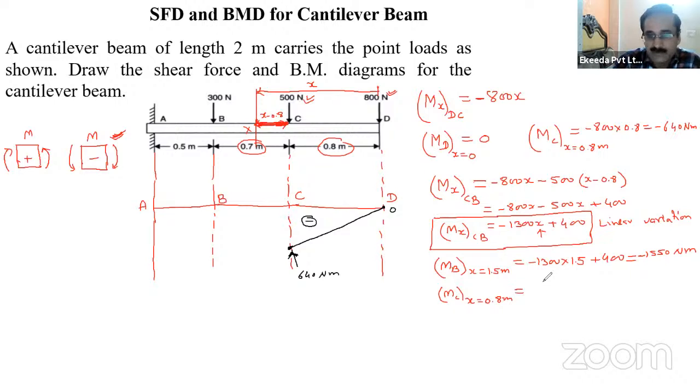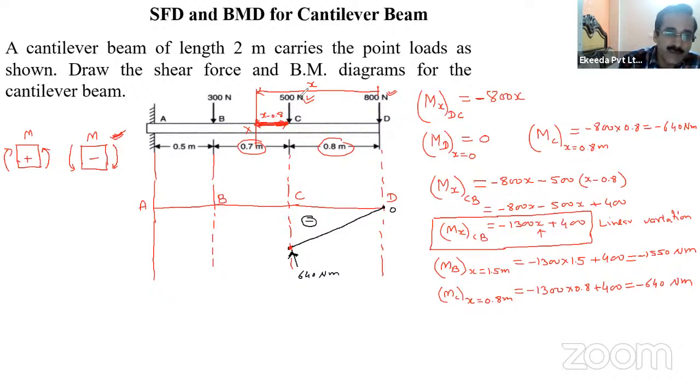So at C point, what is the value of bending moment? That is minus 1300 multiplied by 0.8 plus 400. So this will come out to be again minus 640, which came earlier, minus 640 Newton meter. So there is no abrupt change in bending moment at point C. You can see here, it means that the point load is not causing any instant change in bending moment at that point, right?